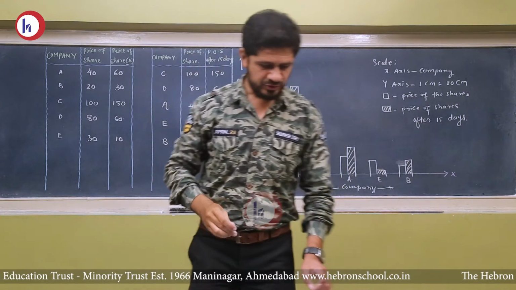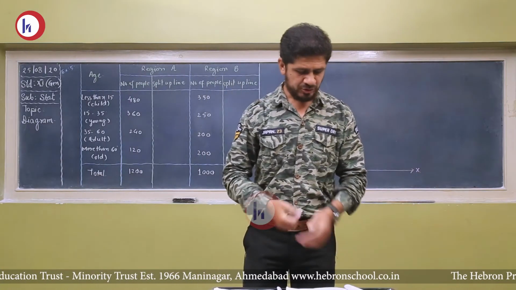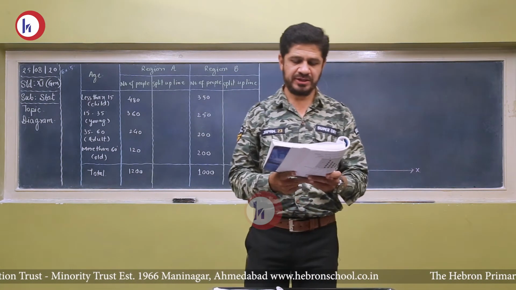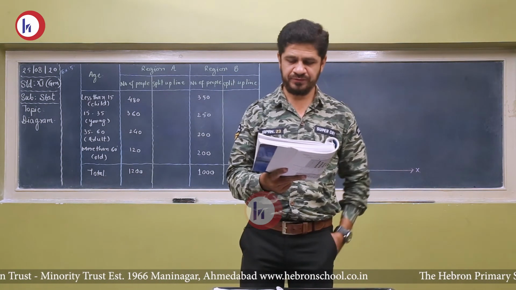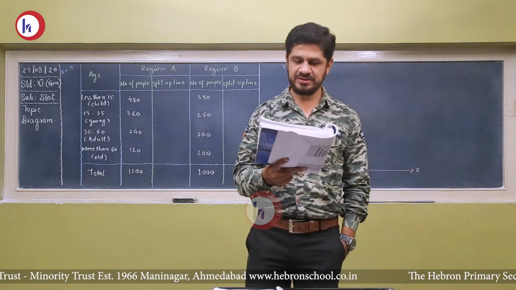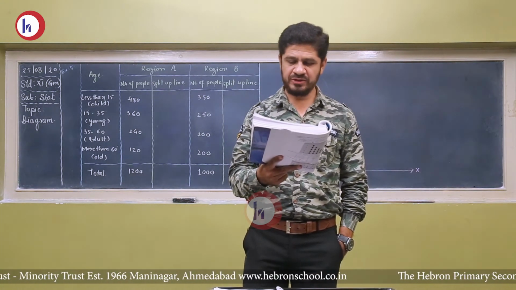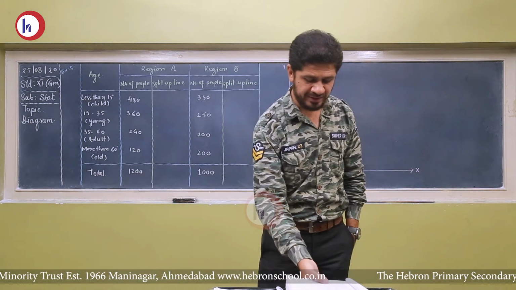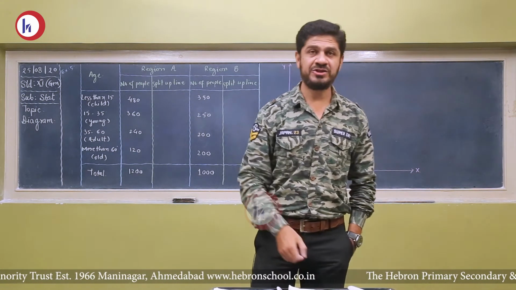Now let's come to the next one. Question number 5. Information regarding the age of persons living in two different regions is as under. Present it by using an appropriate diagram. Which type of diagram we will draw is not mentioned.